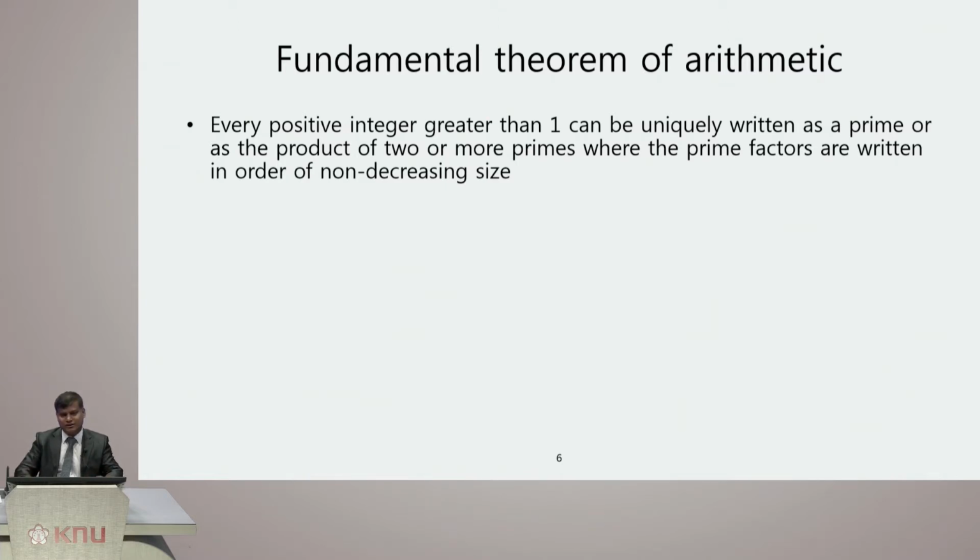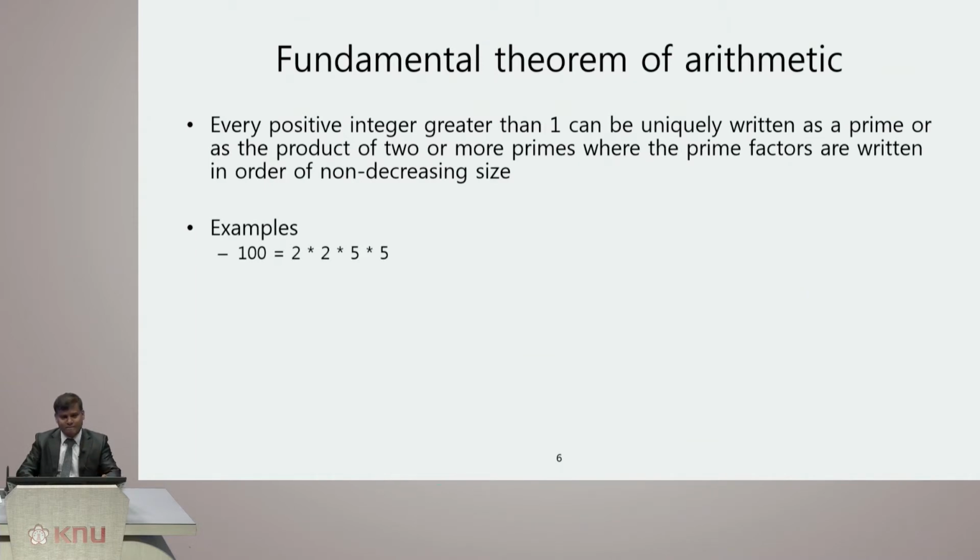Okay, let's talk about integers that are greater than 1, and these can be uniquely written as a prime or as a product of two or more primes. So we are talking about a prime or the product of two or more primes. Let's see an example of how this can be done.